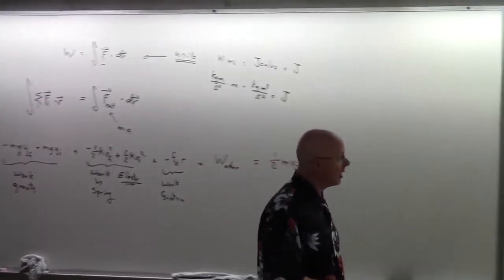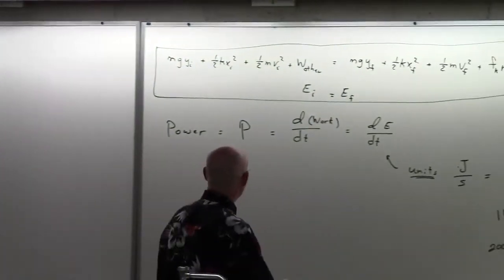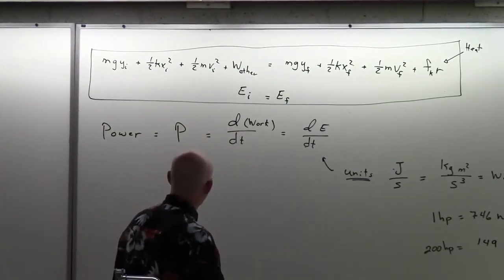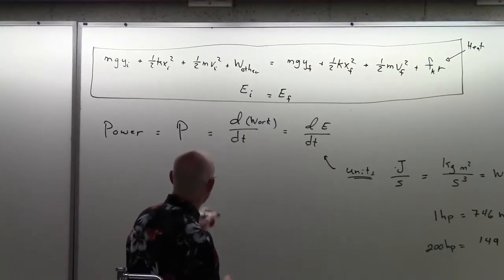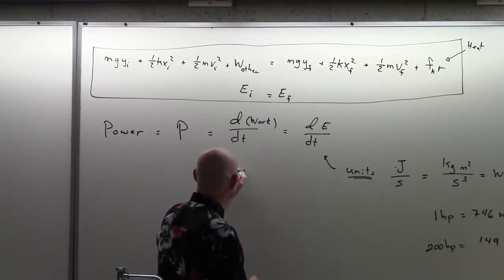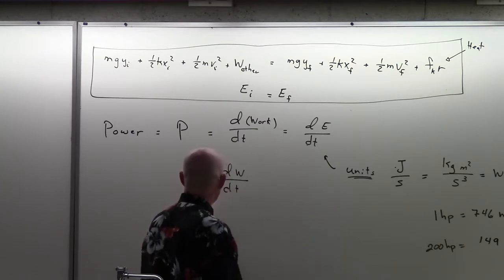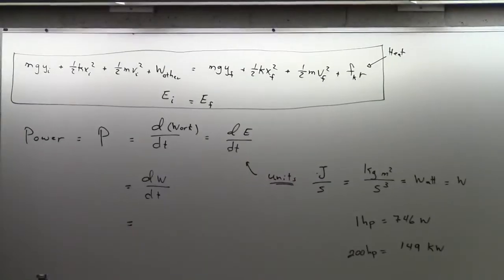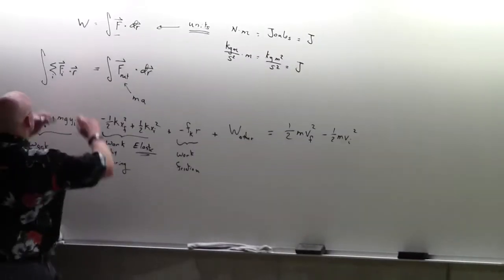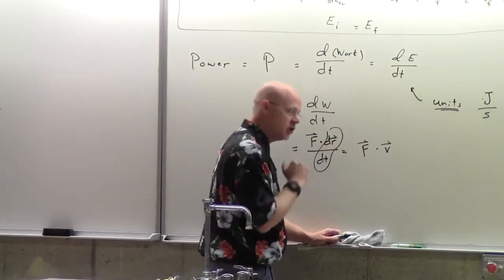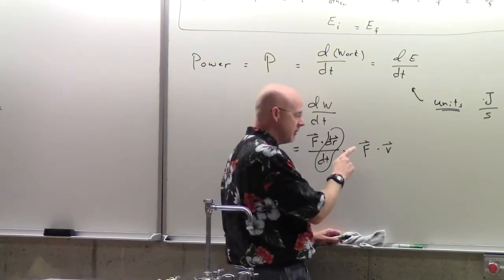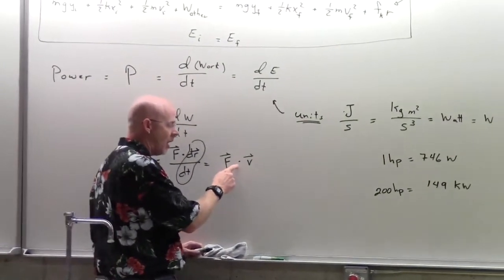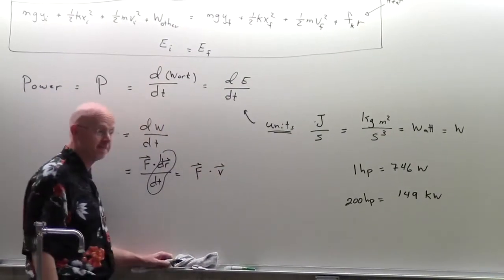Let me make one more step here, because there's another way of looking at this equation for power. Let me just write it as dW/dt. So there is the rate at which work is being done. Let me draw your attention back over to this equation. The engine is applying a certain force on my car while my car is going a certain speed.